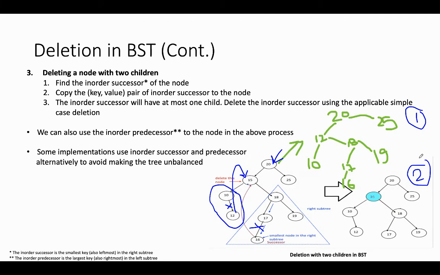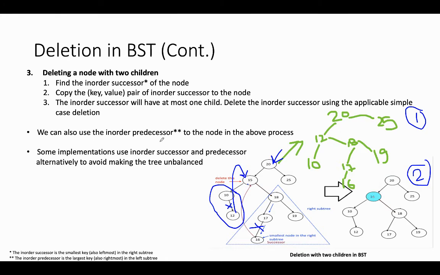So there is one interesting fact. The thing is, if we keep following one of the strategies, whether it is in-order successor or the predecessor, we will be making the tree unbalanced again and again.